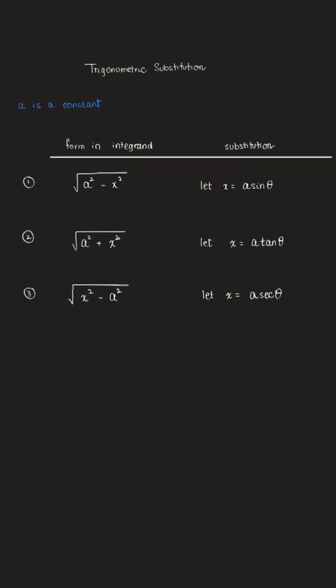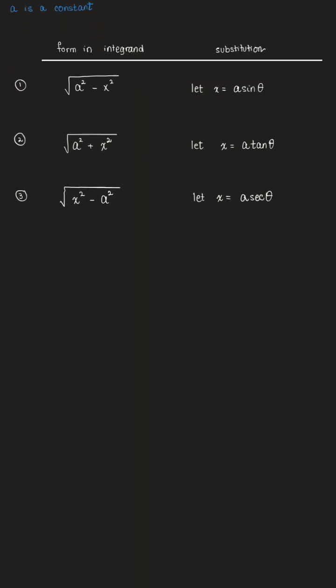Okay, so let's see why a trigonometric substitution is helpful in handling these square root forms. So let's talk about the substitution rationale. And we're going to talk about the first form, where we have the square root of a squared minus x squared.